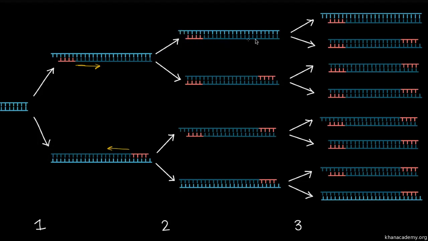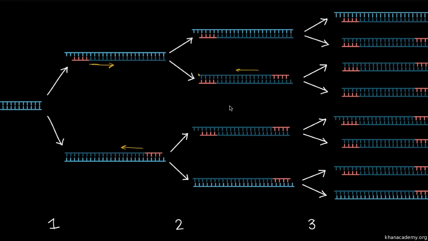But then when it goes in the other direction, it's not going to have anything else to copy. Exactly. And so then most of the billions of molecules that you produce are going to be, on both ends, a nice clean cut. The vast majority, exactly. Fascinating.